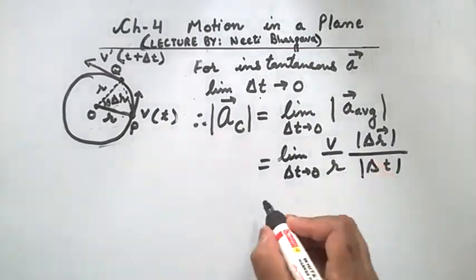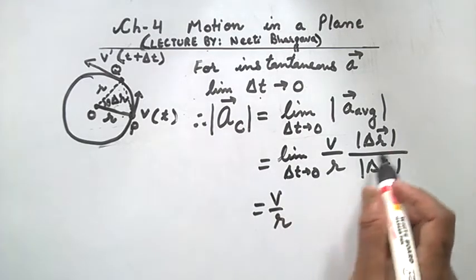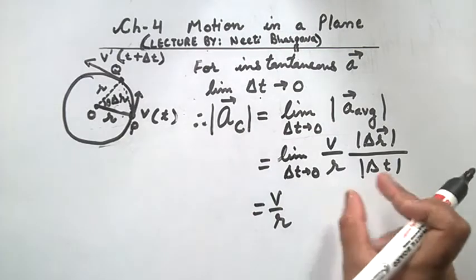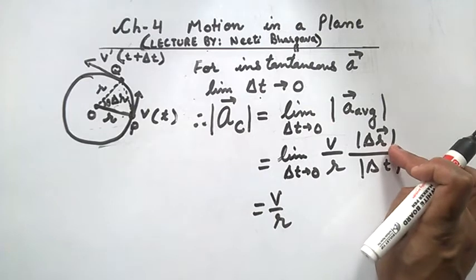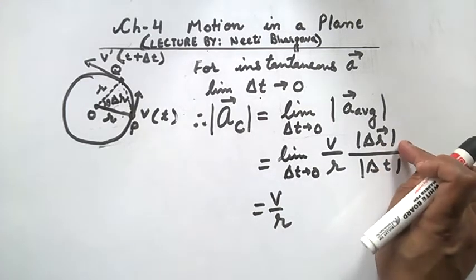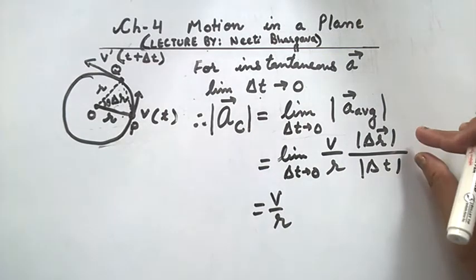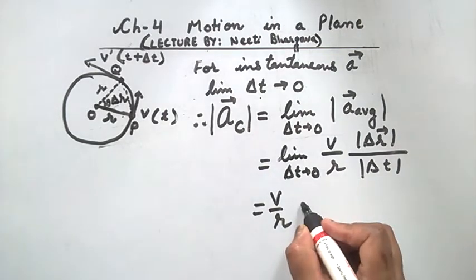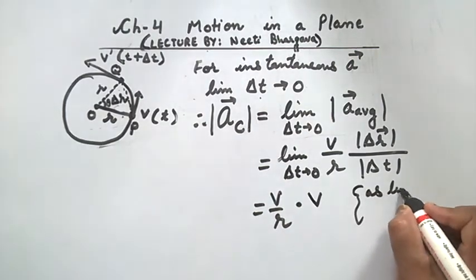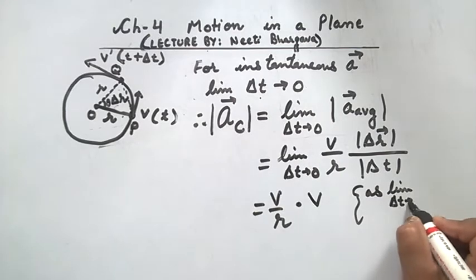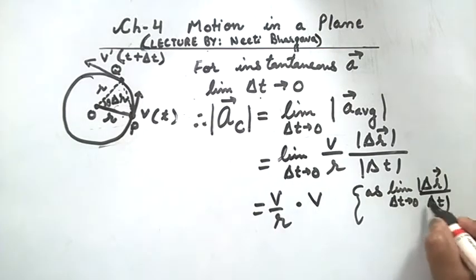Now v by r is constant, and when limit delta t tends to 0, del r by del t, that is when there is a small change, then this is considered as linear velocity. That is, we will not calculate its average velocity, it is simple linear velocity, that is equal to v, as limit delta t tends to 0, del r by del t is equal to v.